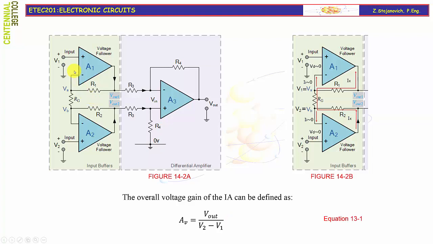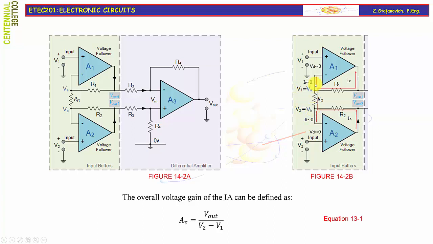If you look at the A1 input, you will see that V1 is connected to the non-inverting input, and the inverting input is designated as VA. Under the assumption that the difference between those two potentials must always be very, very small, close to zero, VA will be practically equal to V1. The same is valid for the voltage follower A2. VB will be very close in value to V2.